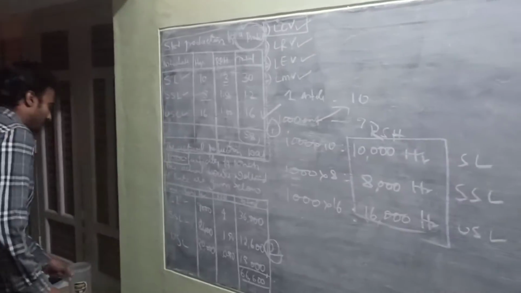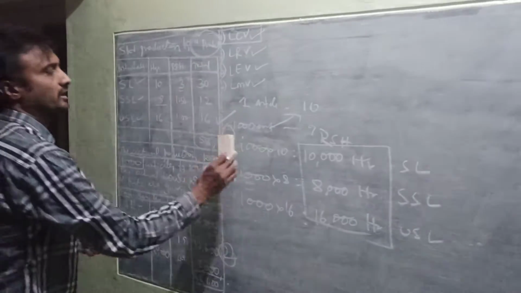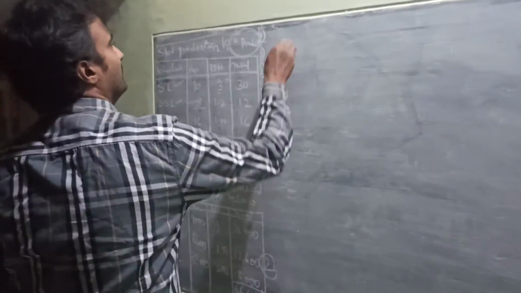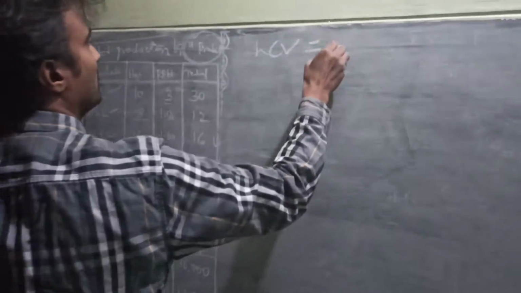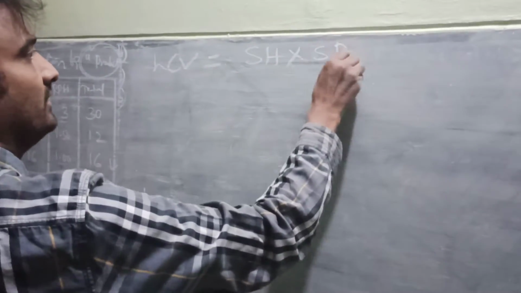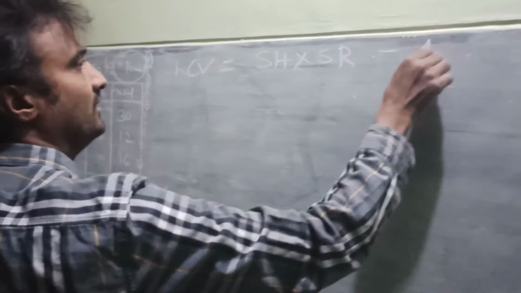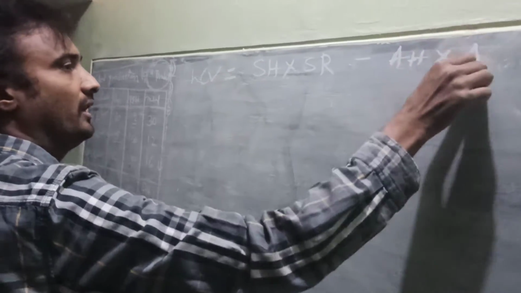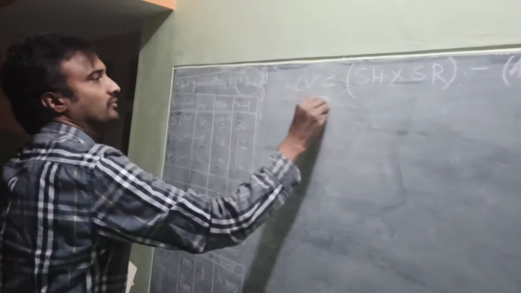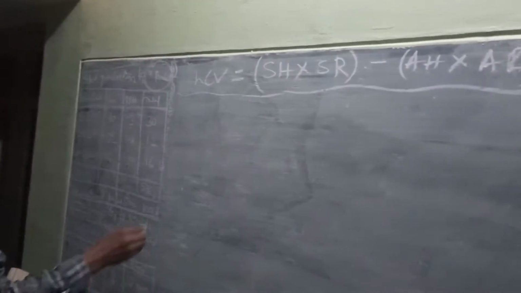After finding this, we should move to calculate labor cost variance. The formula to calculate labor cost variance is standard hours into standard rate minus actual hours into actual rate. For three categories of laborers we should find out.